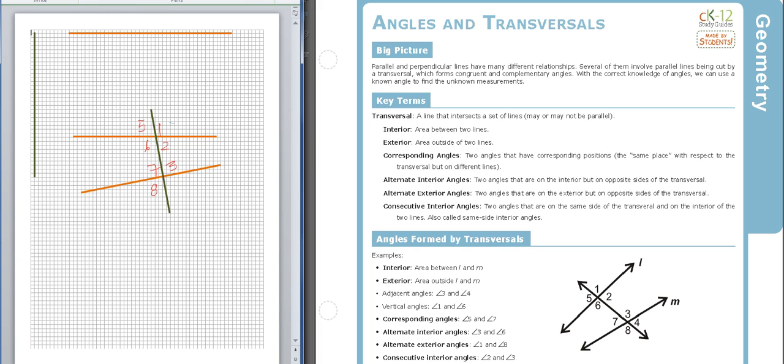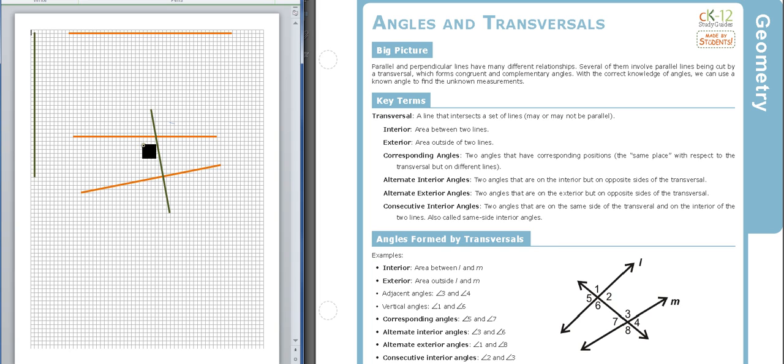All right, the next ones we're going to talk about, and clean this up. The alternate interior angles would be these angles here. If you're looking at this picture, it's 3 and 6, 2 and 7.